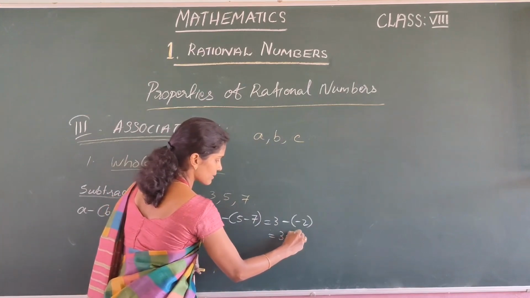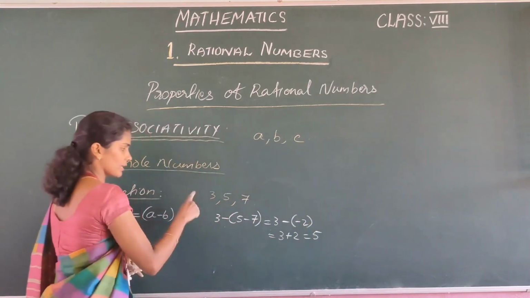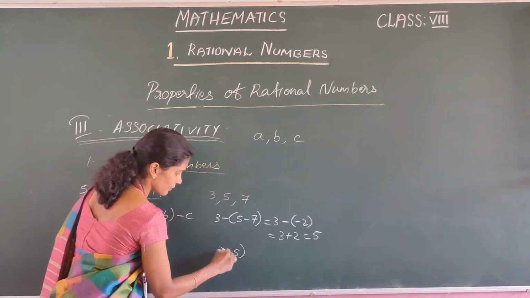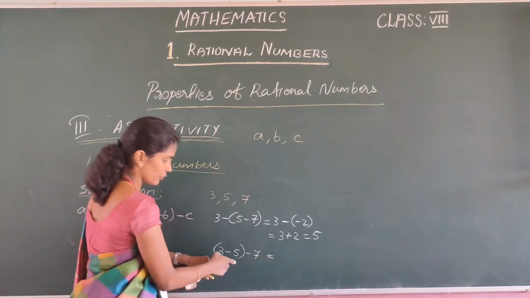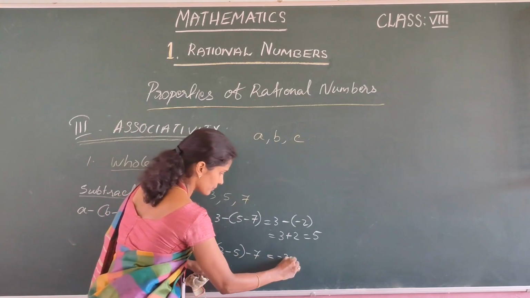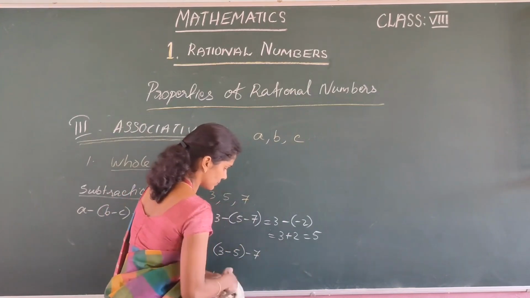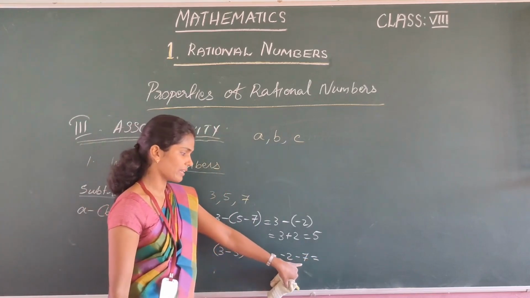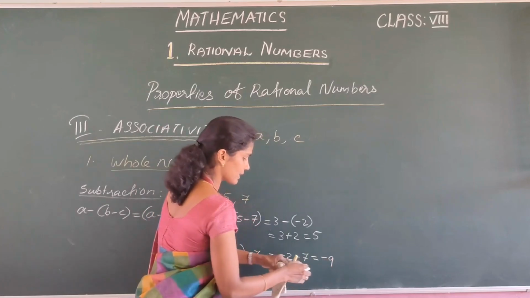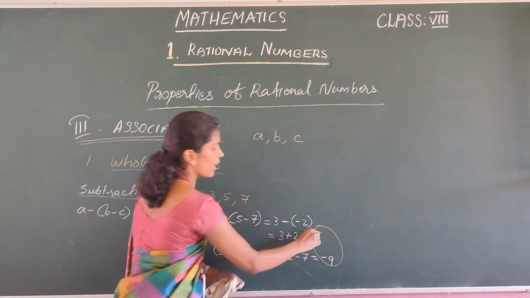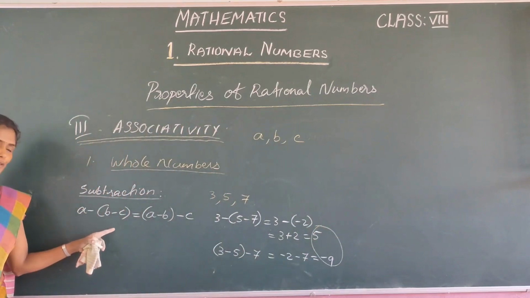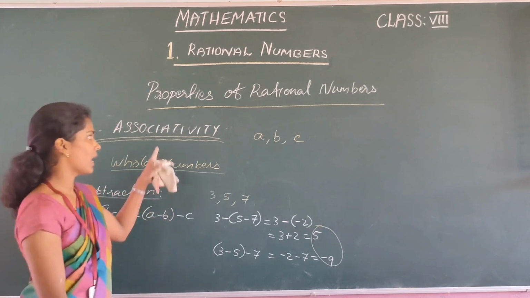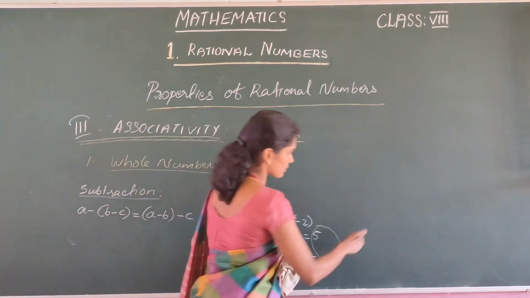That means 3 plus 2 is equal to 5. Then (a minus b) minus c, that is (3 minus 5) minus 7. We do this first, which is minus 2. Minus 2 minus 7 is minus 9. Check these two. These two are different. That means a minus (b minus c) is not equal to (a minus b) minus c here. Therefore, subtraction is not associative in the case of whole numbers.